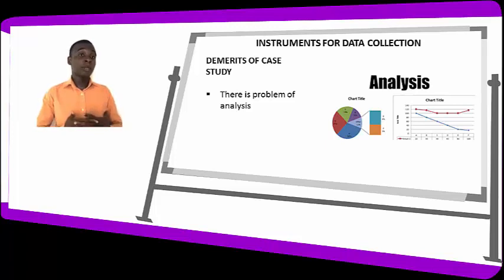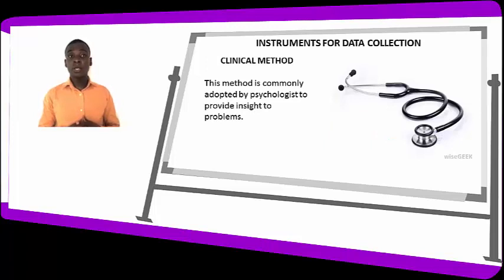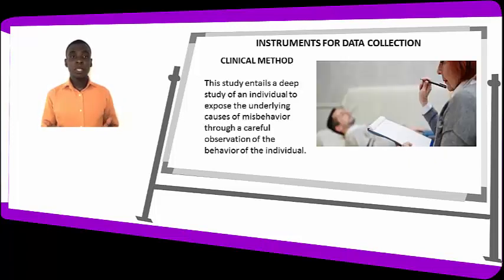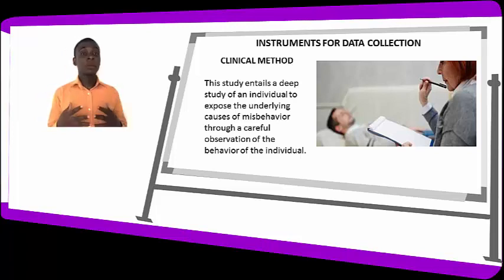So we have looked at case study. Let's look at clinical method. Clinical method is commonly adopted by psychologists to provide insights to problems. This study entails a deep study of an individual to expose the underlying cause of misbehavior through a careful observation of the behavior of that individual.